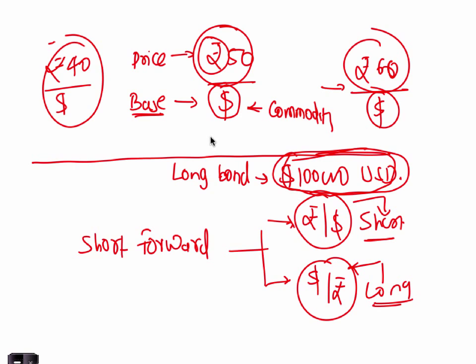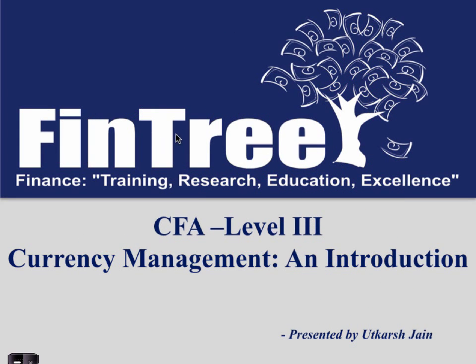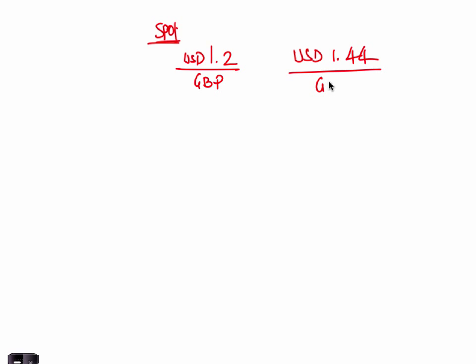Moving further, let us say the spot rate was 1.2 US dollars for a British pound. This is the spot rate, and the rate has changed to 1.44 USD for a British pound.